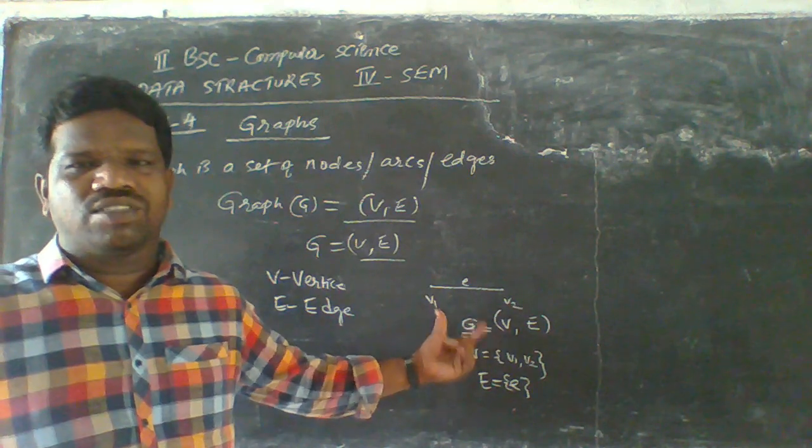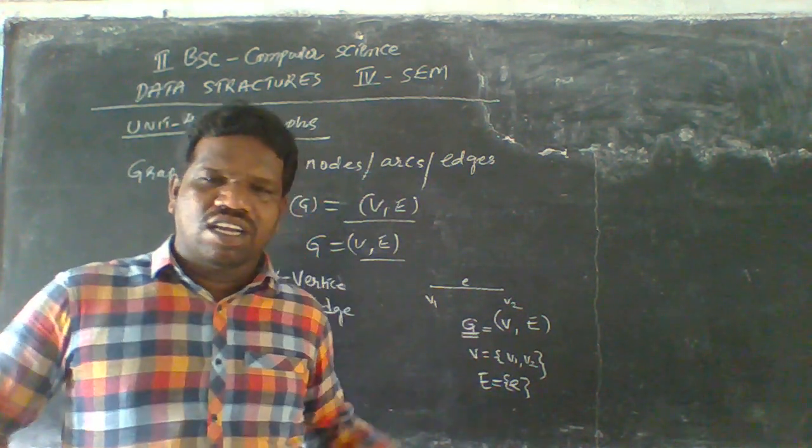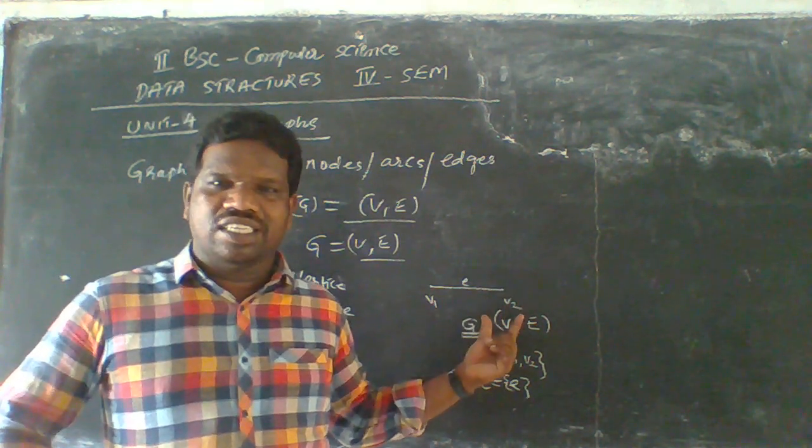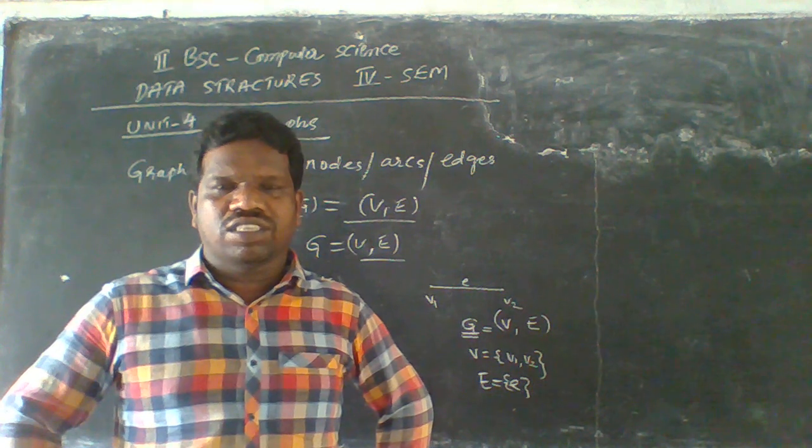This graph contains only two vertices and how many edges? Only one edge.